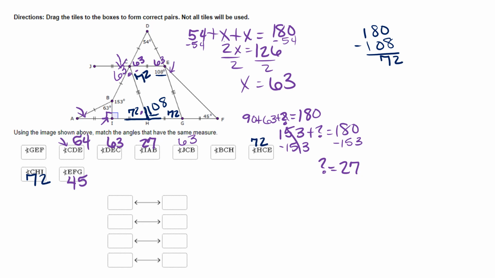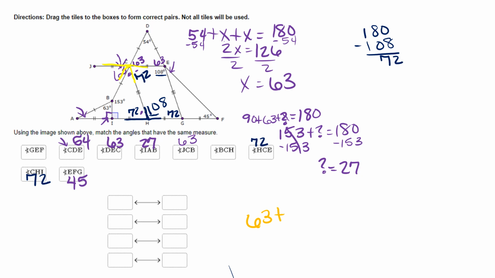Now I can see, and I'm going to take my yellow, I see this one and this one add up to 180 because those are supplementary. Now I'm going to change my color from that yellow because it's hard to see.